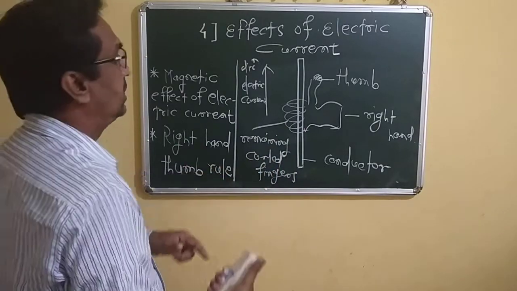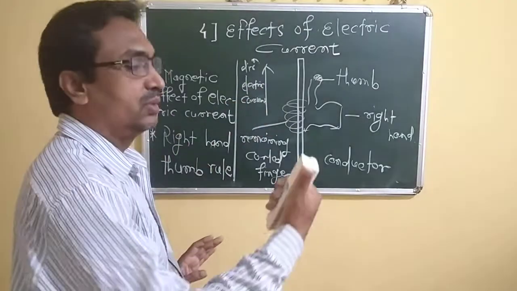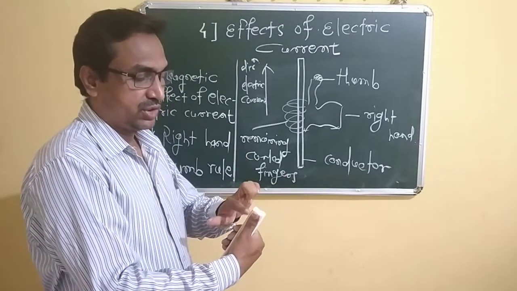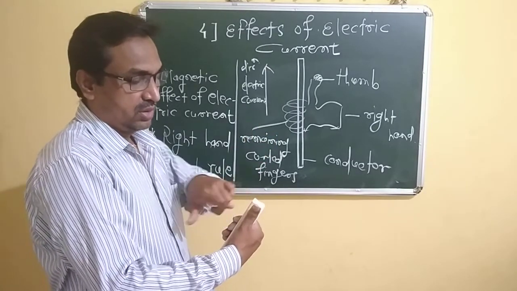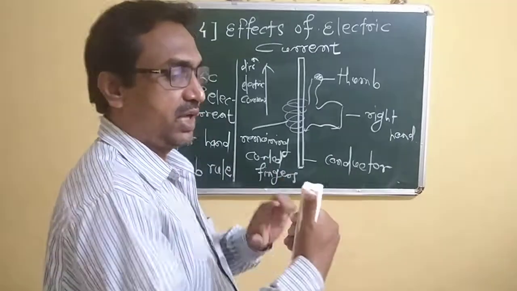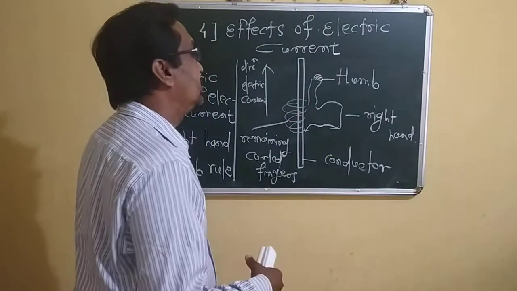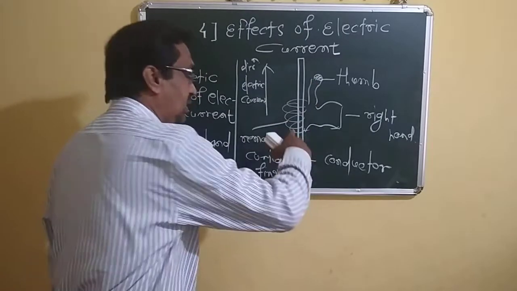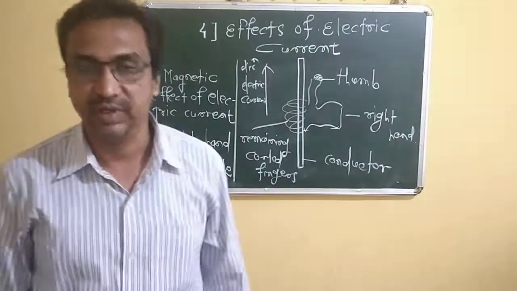If the thumb shows the direction of electric current, in such a way that we hold the electric conductor, then the curled fingers around the electric conductor show the direction of the magnetic field.